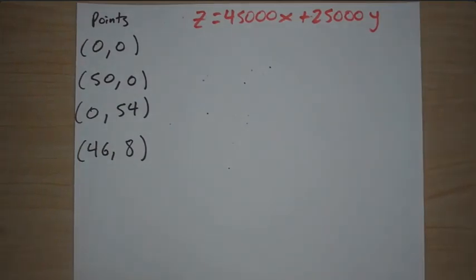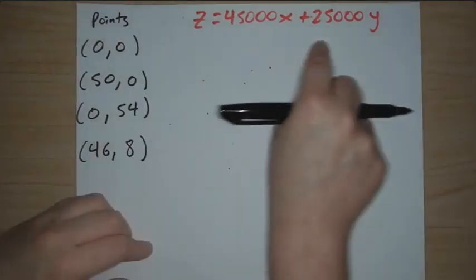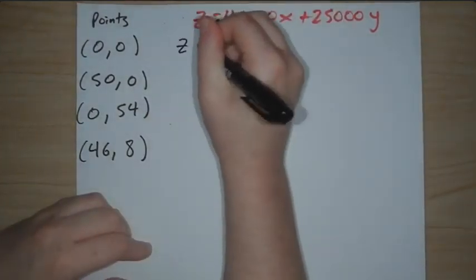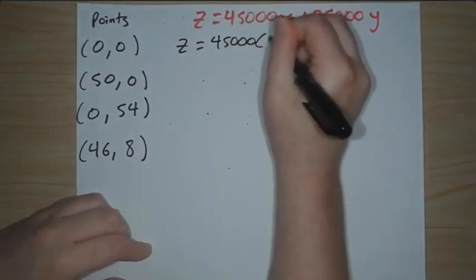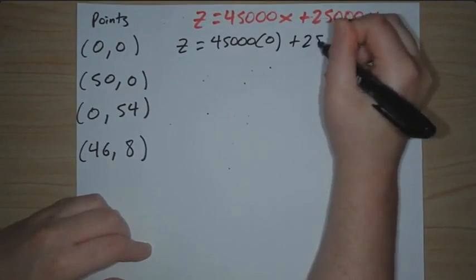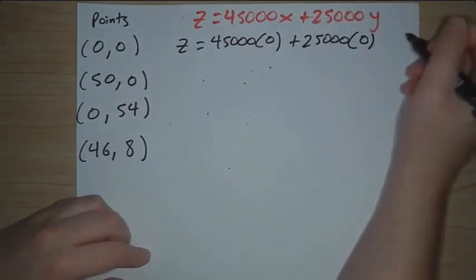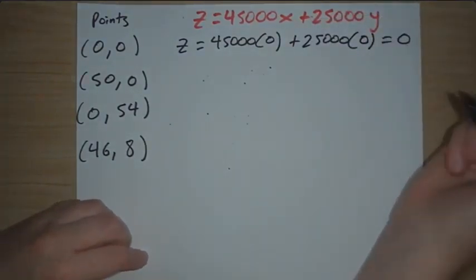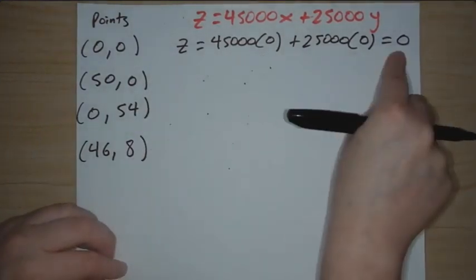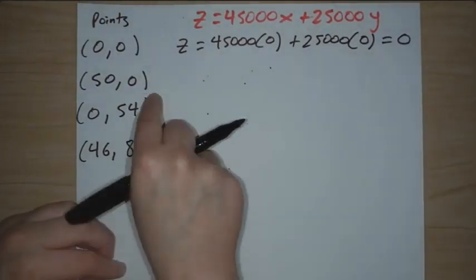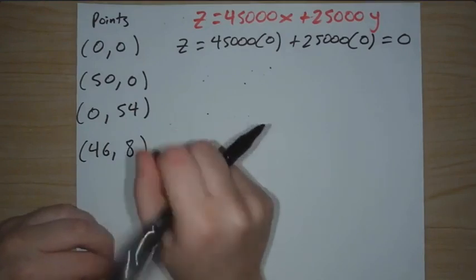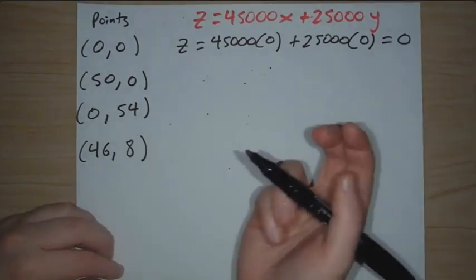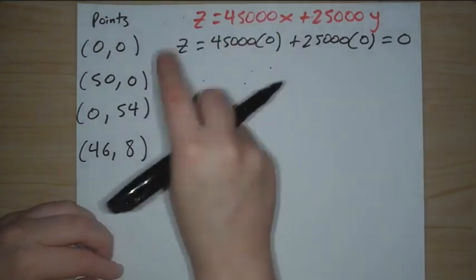Now we get to substituting. For our first point, we have z is equal to 45,000 times 0 plus 25,000 times 0, which is going to be equal to 0. So that will most likely be our min, which means if we had 0 American airplanes and 0 British airplanes, we would have no capacity at all, which makes sense.